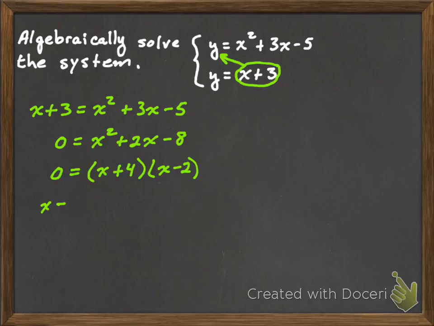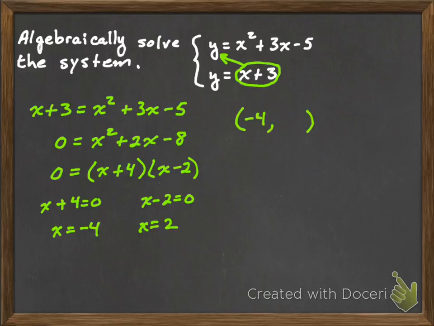which means either x plus 4 equals 0 or x minus 2 equals 0, giving us negative 4 and positive 2. So we know negative 4 is an x value, and we know positive 2 is an x value for our coordinates.